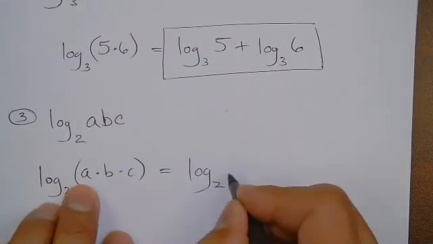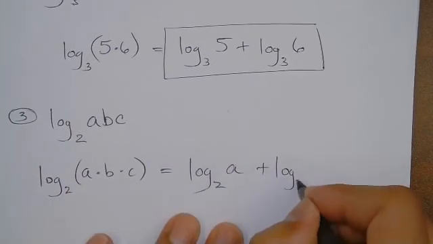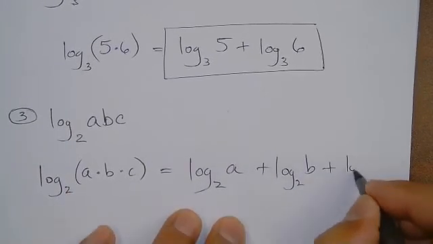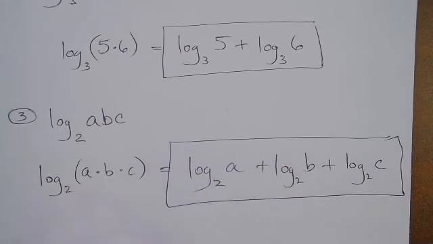Okay, so then how do you interpret this, or what does this mean? Multiplication does not mean multiplication. In the world of logarithms, this interprets to log 2 of a, plus log 2b, plus log 2c. Okay, are we good? Don't forget the first law, because there are only 3 laws.